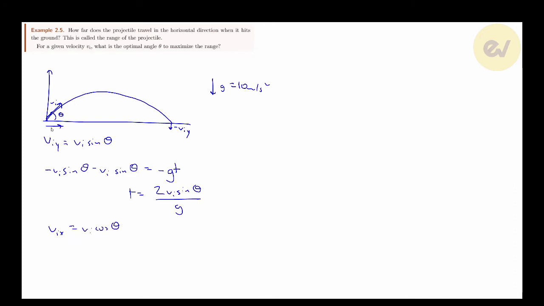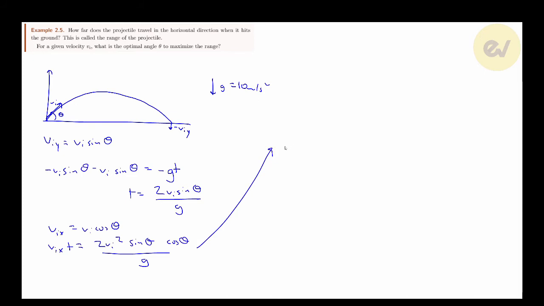Again, just trigonometry. So the distance the projectile travels is v_ix times t, and this is equal to 2 v_i squared times the sine of theta times the cosine of theta divided by g.